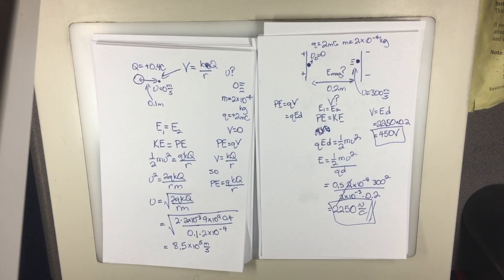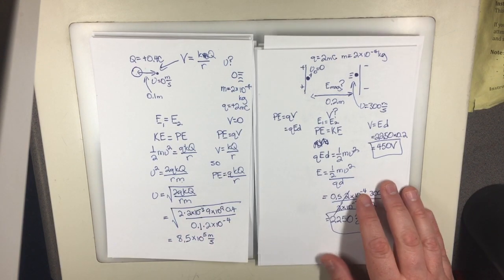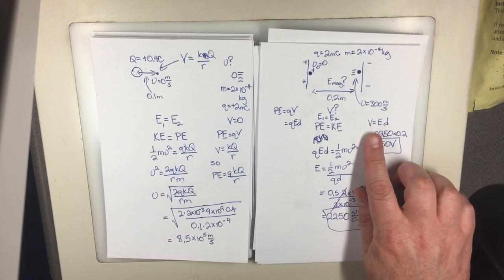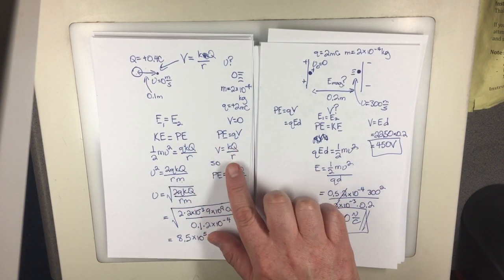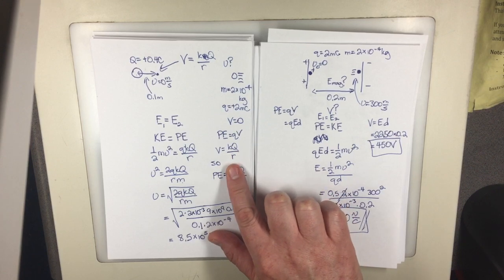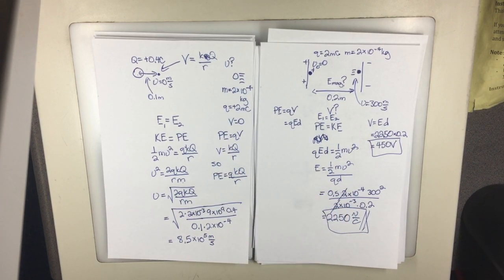Yes? So for this one, how you equated kinetic energy to potential energy, did you know to do that? It's because the ball is moving from right to left on this one. Yeah, also the fact that there's no friction. Is it any different than equating potential energy to kinetic? Well, the big difference between these two is that the potential difference over here is E times D. The potential at any point is KQ over R. So there's a little bit of a difference.